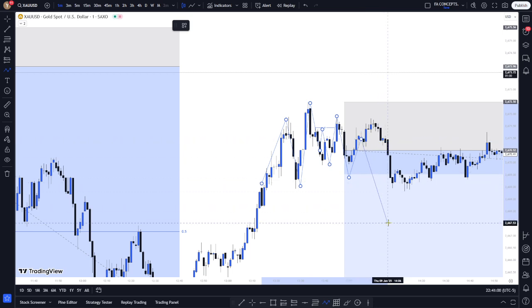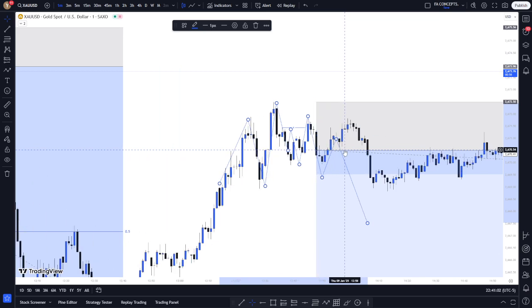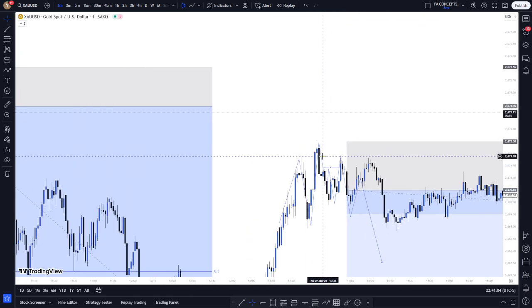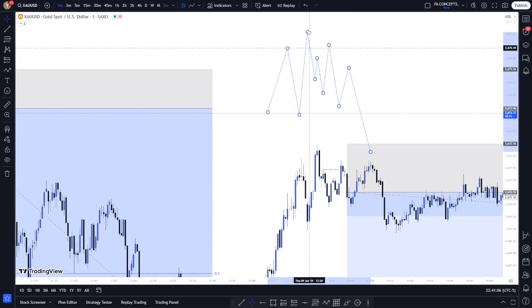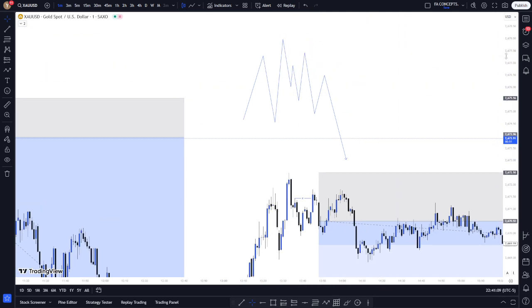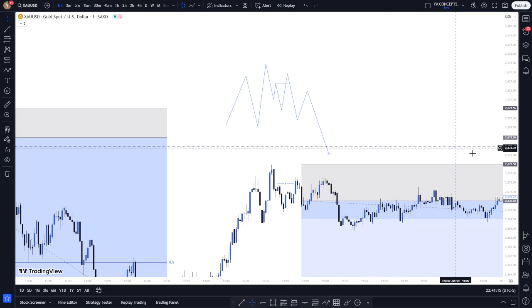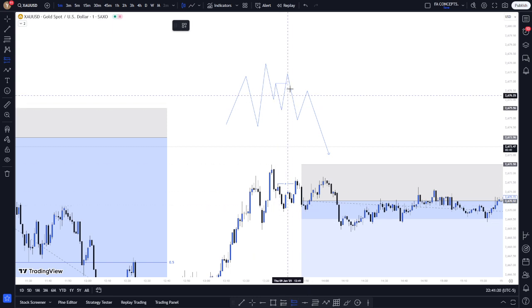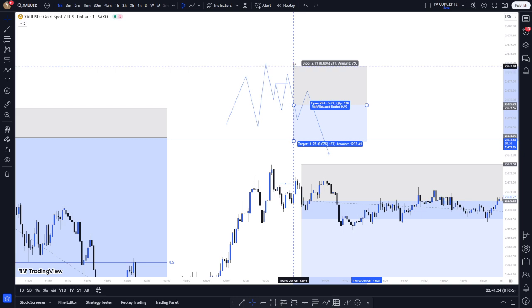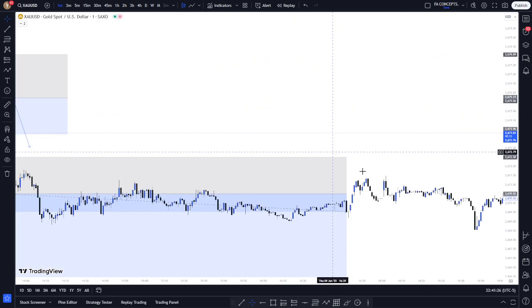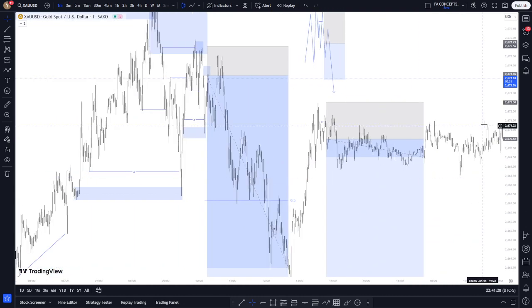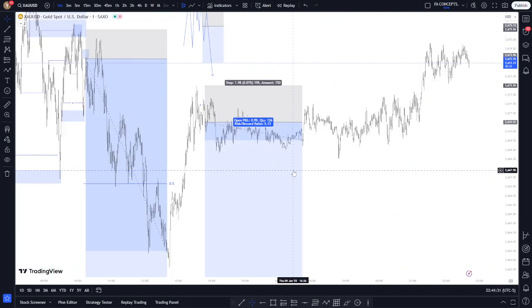The market created this structure, as you can see. Took out less liquidity, and yeah, price shifted, sold somewhere around here, and the trade went pretty nasty, I would say.